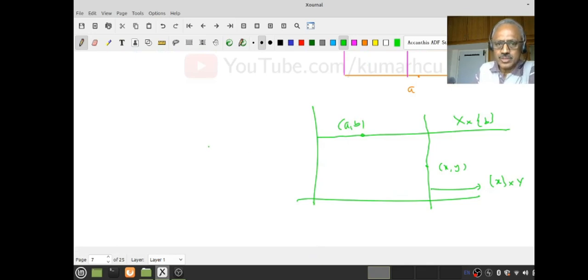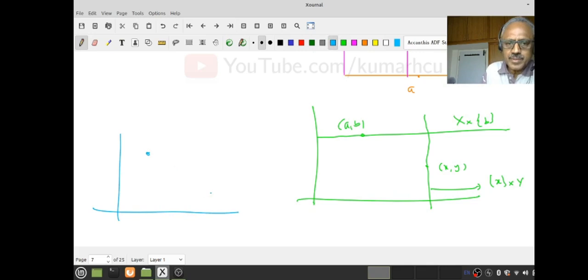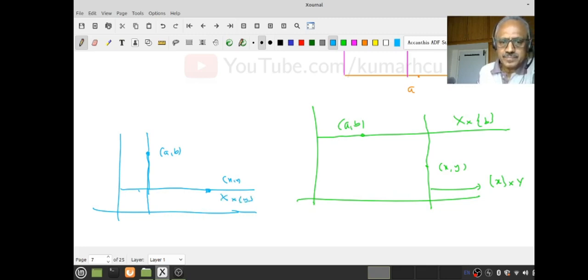You could also draw it the other way around. So this is my (a, b), this is my (x, y), then I could have drawn this also. This will be X cross singleton y, and this will be X cross singleton b.